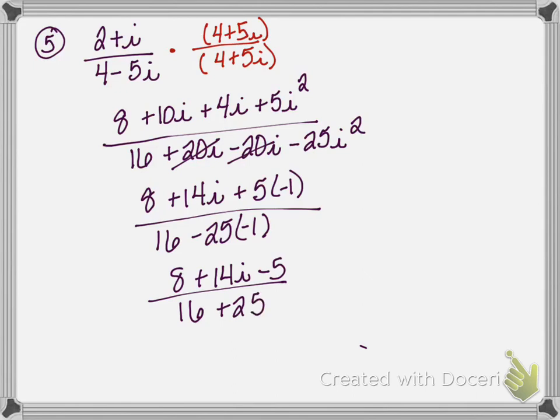So my final answer here is 3 plus 14i over 41. So when you're doing the numerator, we have the real number first. Yeah, that's standard form of complex. Okay.